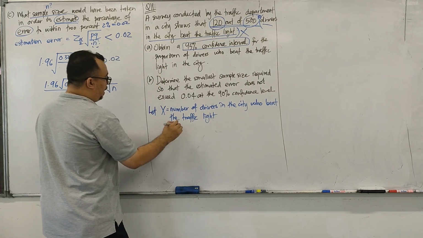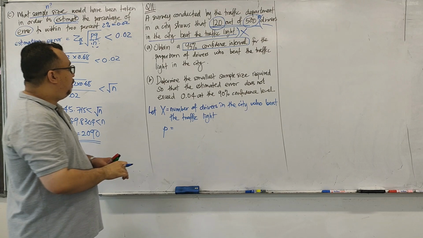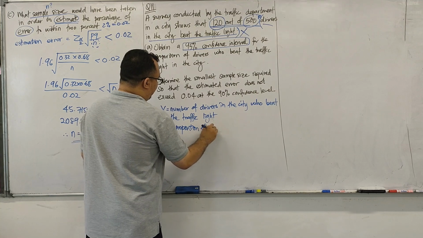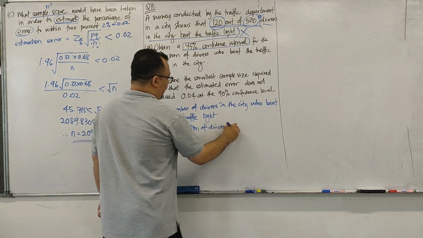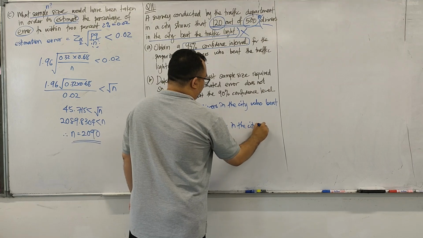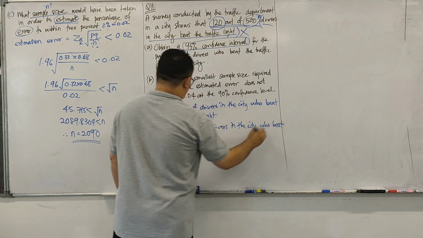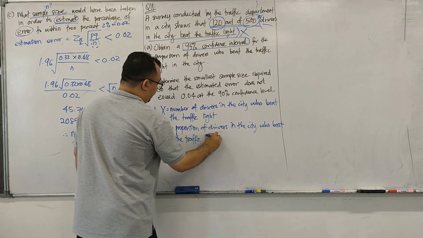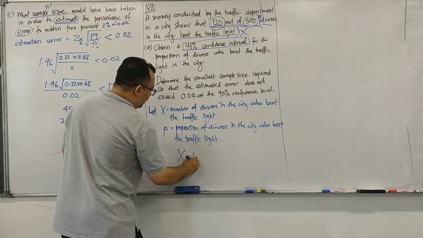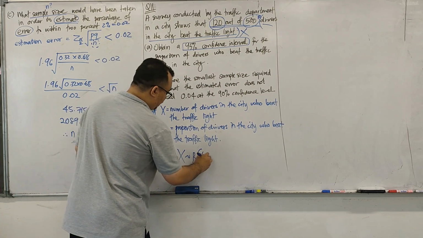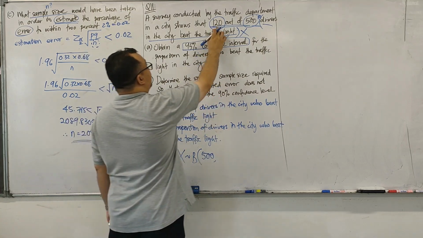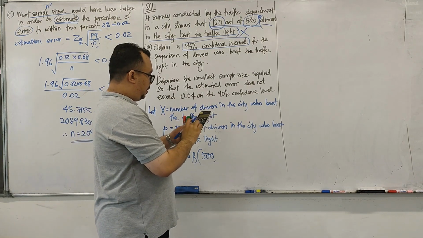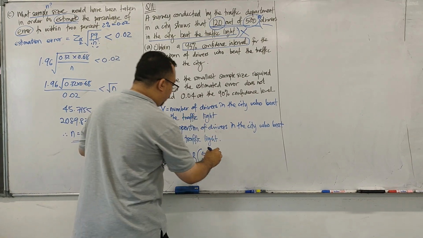Okay, and then kita define our P because we are going to work in terms of P. So P saya adalah proportion of drivers, salin sahaja balik, in the city who beat the traffic light. So X saya will follow binomial n and P. P saya adalah the proportion, so saya ambil 120 out of 500. So saya dapat 0.24.